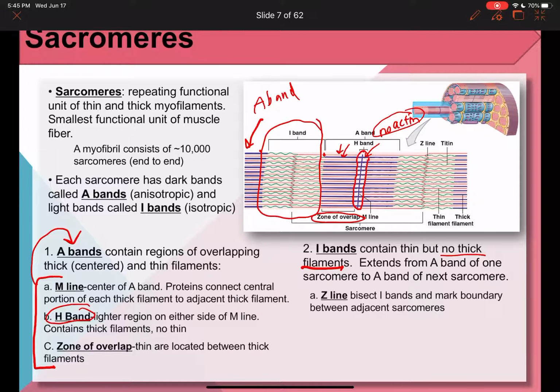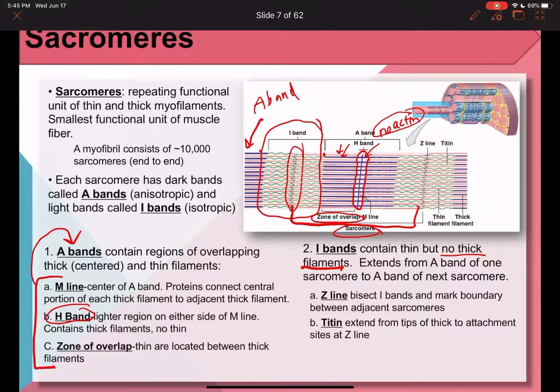And within the I band, there's a couple things. You have the Z line, which bisects, meaning halving, the I band, and it marks the boundary between adjacent sarcomeres. Remember I said from Z disc to Z disc, or Z line, is one sarcomere.